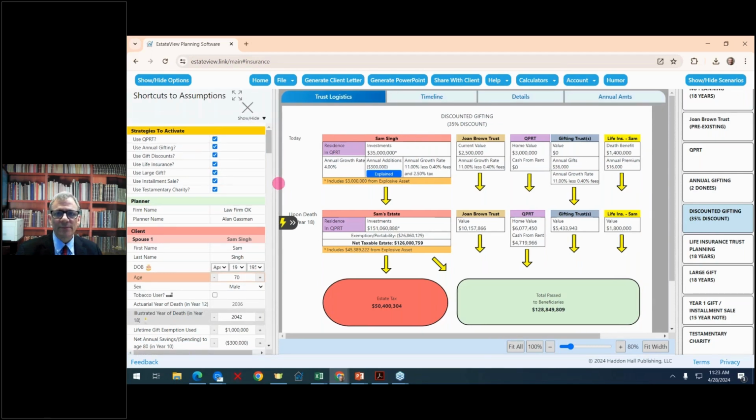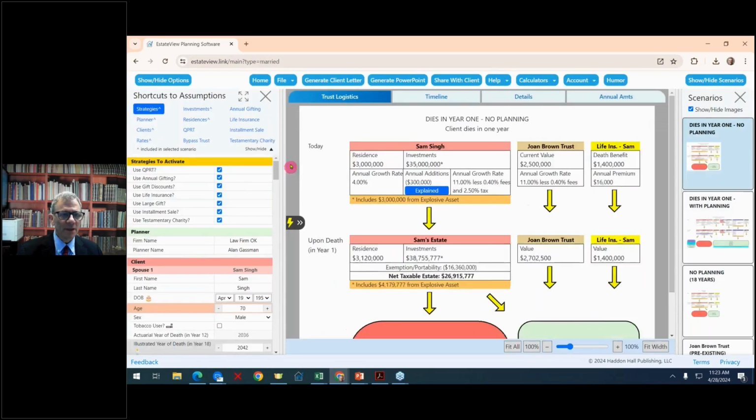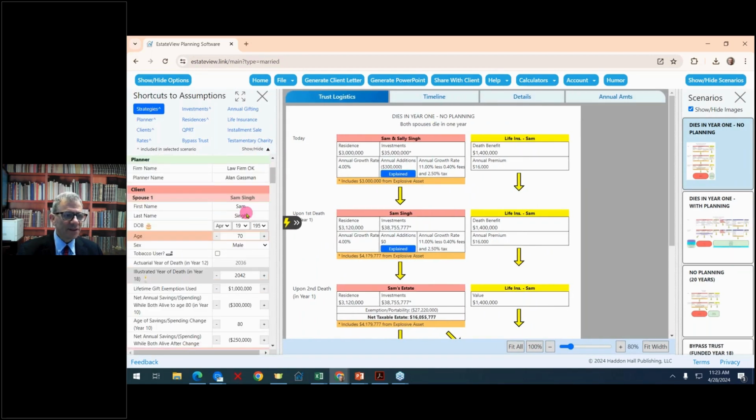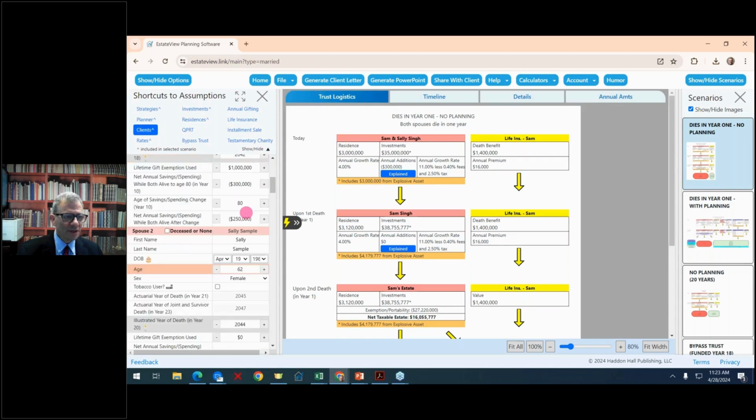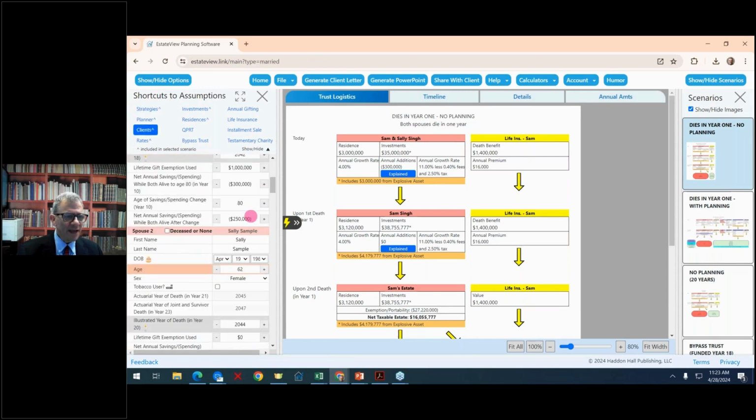So the other aspect of this planning is the ability to do the same thing with a married couple. So when I click Home and Married Couple, you're going to see the same arrangement, the only difference being, of course, that now you have two spouses, and you have spouse one, and then you have spouse two.